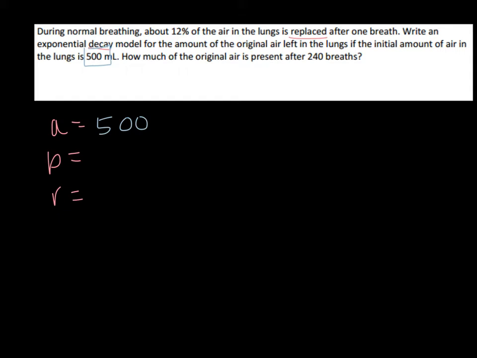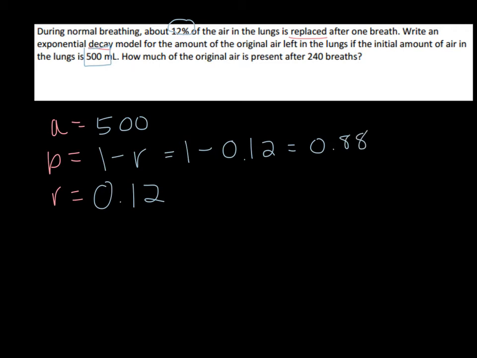Our R value is 12%, which we write as 0.12. You basically just move the decimal place 2 places to the left. So, since it's a decay function, our decay factor is 1 minus R, which in this case is 1 minus 0.12, which gives me a B value of 0.88.